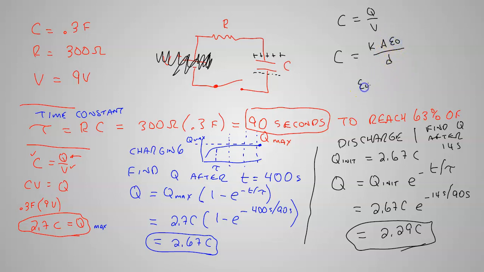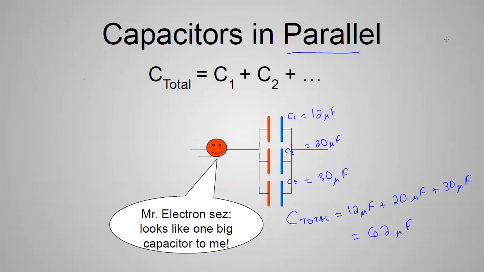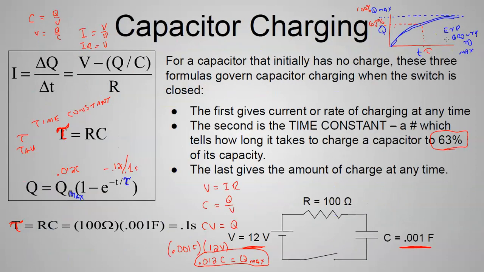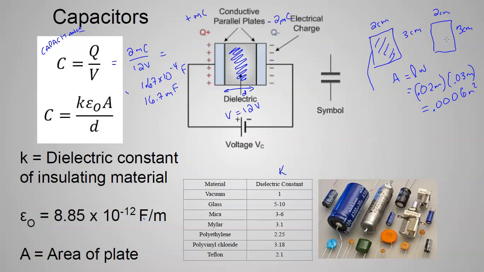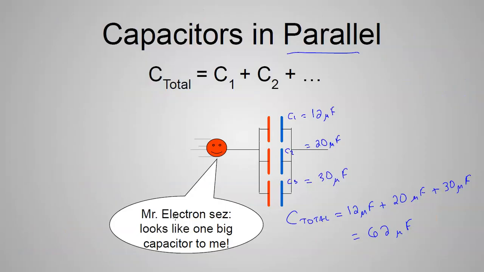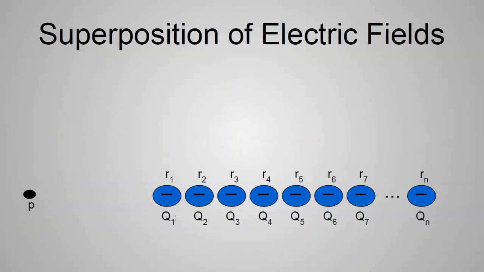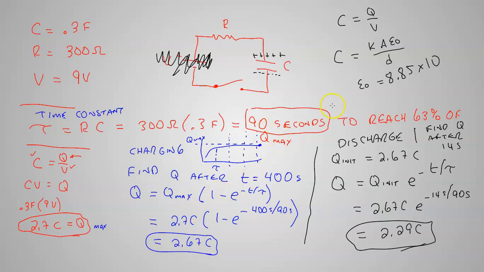It wouldn't hurt to put the value of that down: 8.85 times 10 to the negative 12 farads per meter. Hopefully I'd remember to give you that on the test, but if you had it on your card, you'd be ready to go.